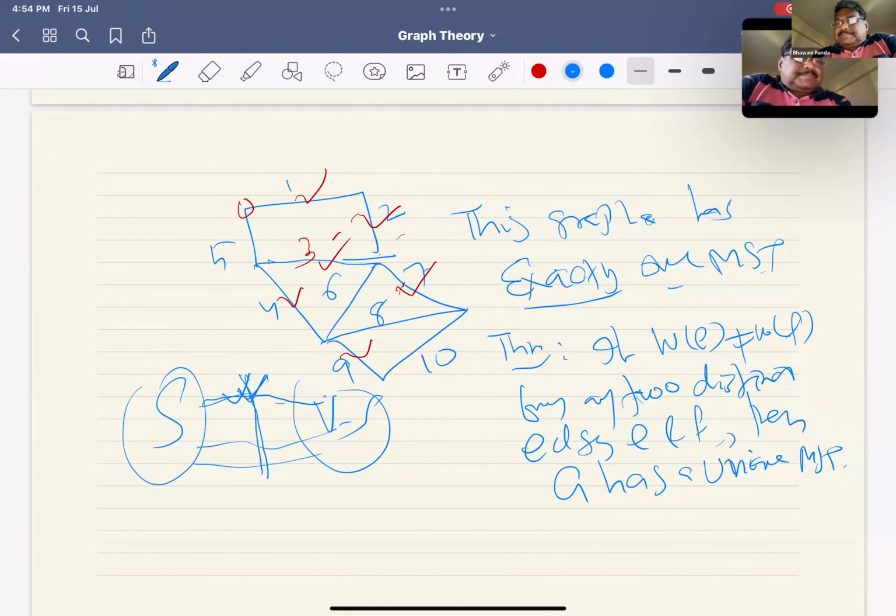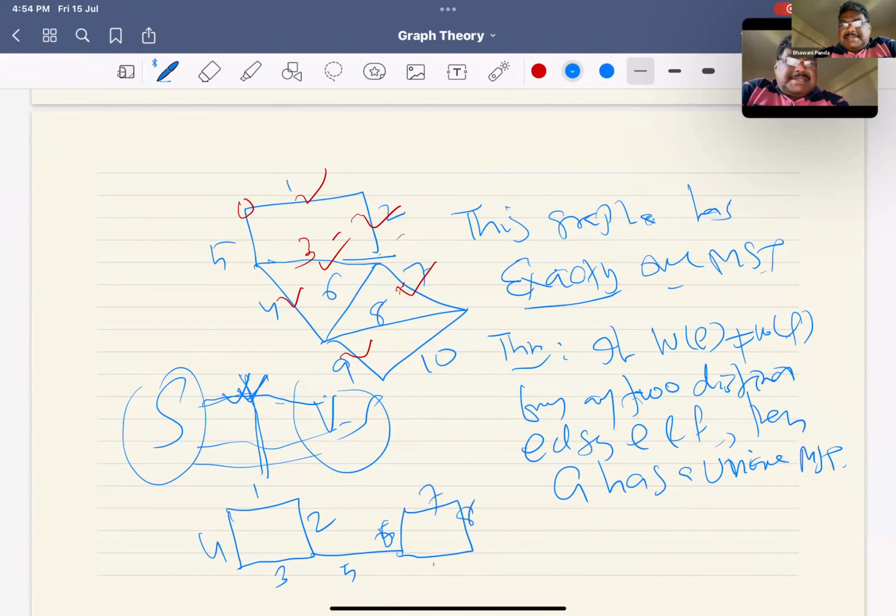For example, in this case, 1, 2, 3, 4, 5. Then 6, 7, 8, 9 are distinct, and this 5 is there.